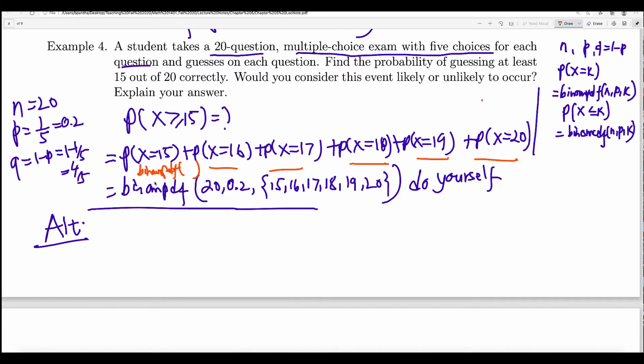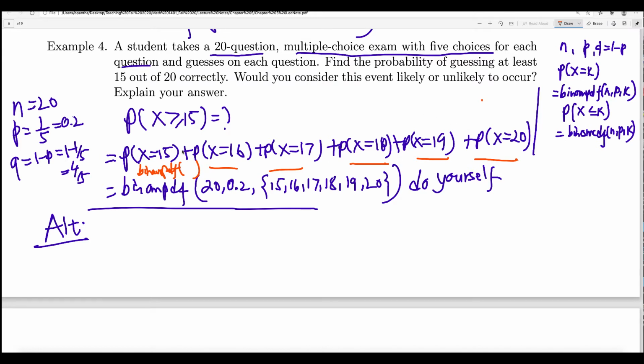The third method is to find the probability between 15 and 20, because the maximum possible number of right choices is 20, right? You want to find the probability that the number of right answers is between 15 and 20. The maximum possible number is 20. So if you do 0 through 20, the total probability will be 1.